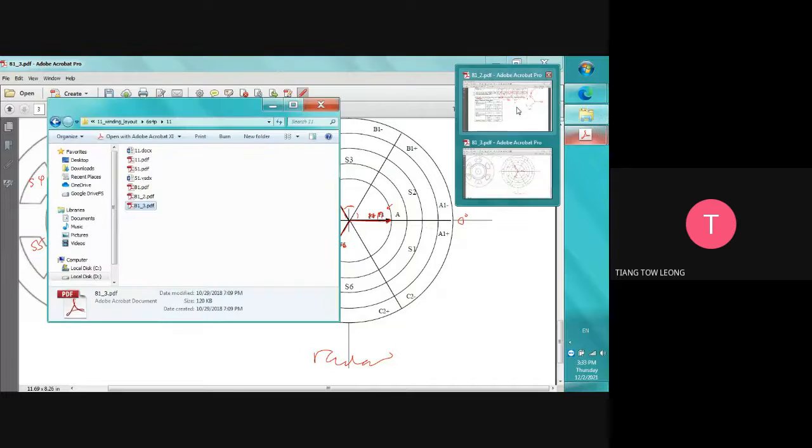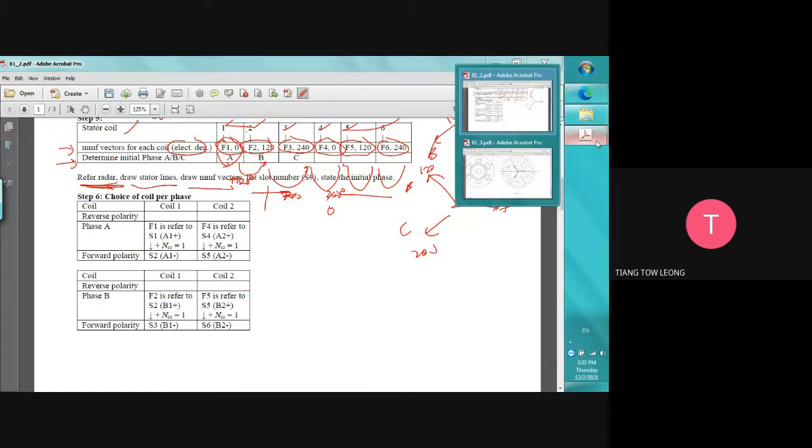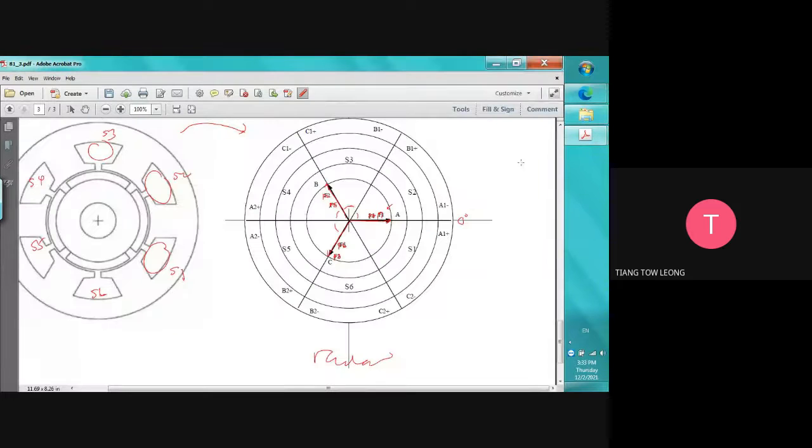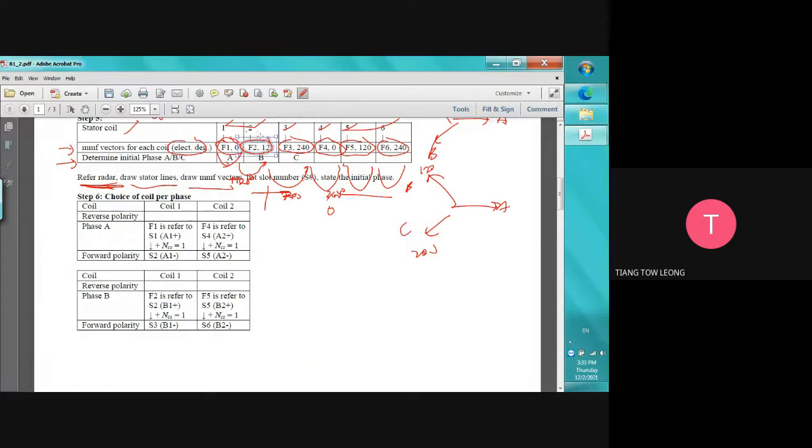After we list it, we need to state the initial phase. So have a look, where is the initial phase? Phase 1, I state there, must have F1. Then phase 2, phase B, must have F2.